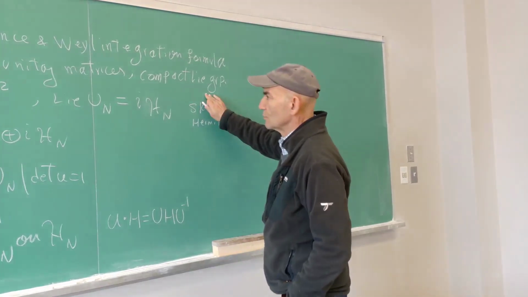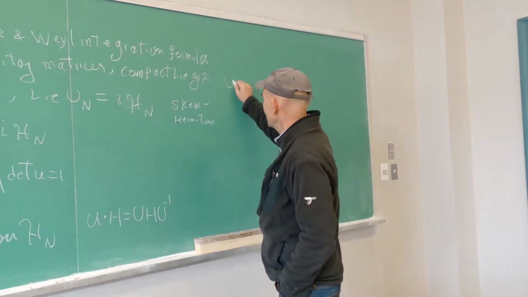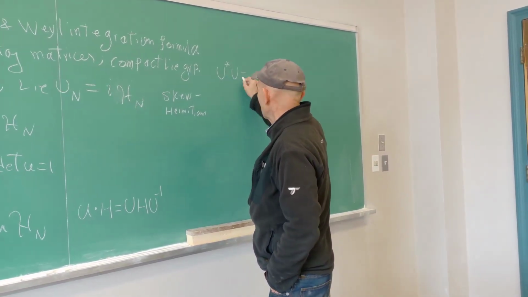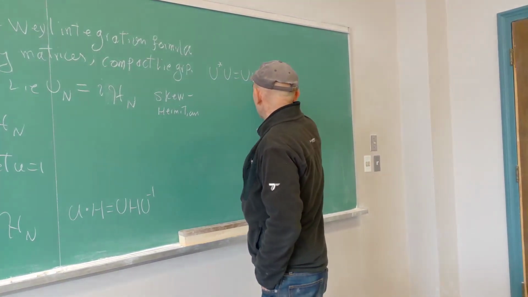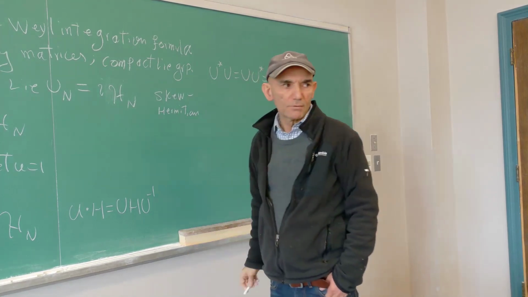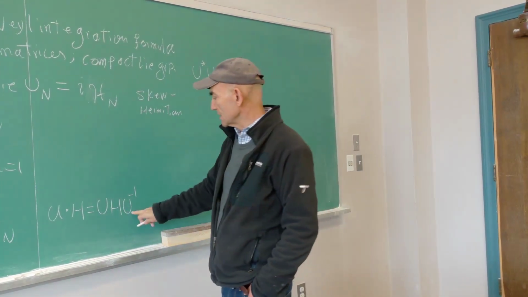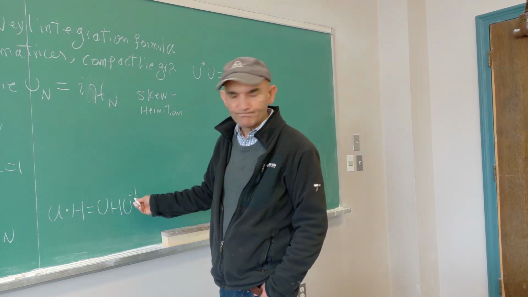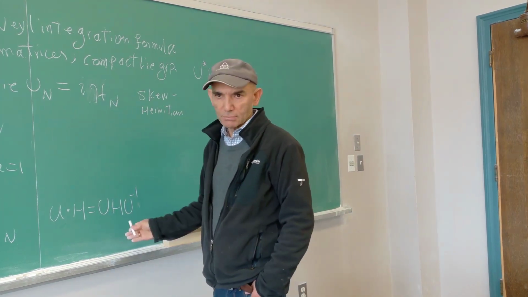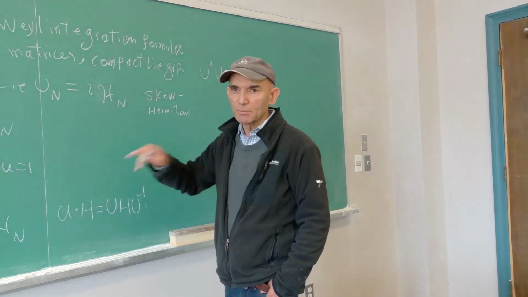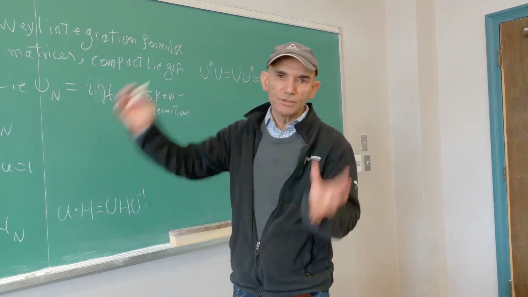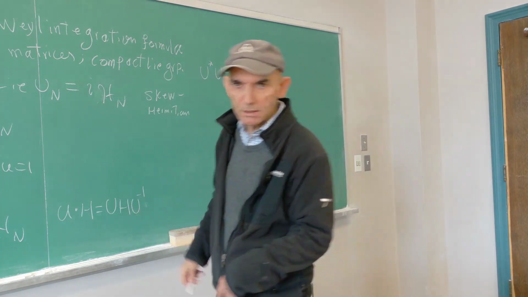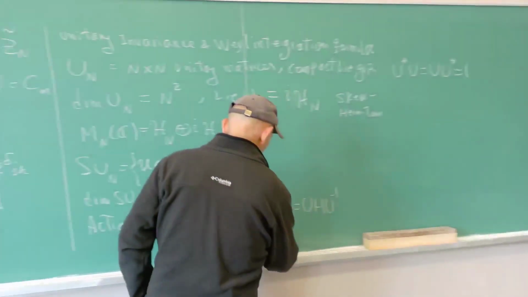Maybe I should have told you what unitary means: U star U equals U U star equals 1, so U inverse is the same as U star. This is just the conjugation action, which means anytime you change the basis in a unitary way, you implement this conjugation.